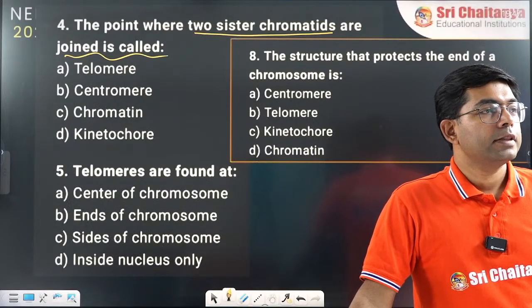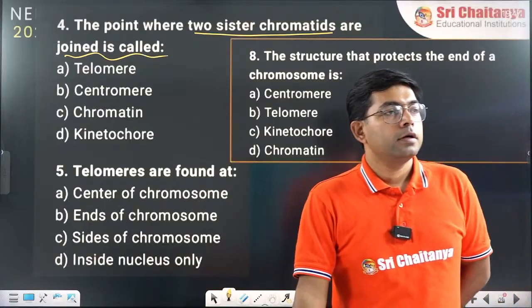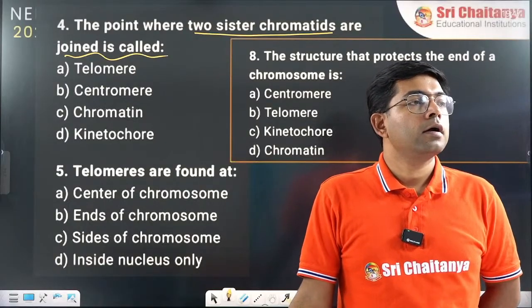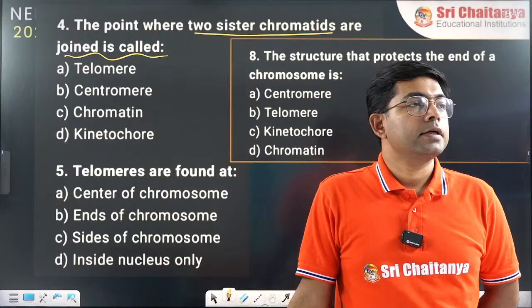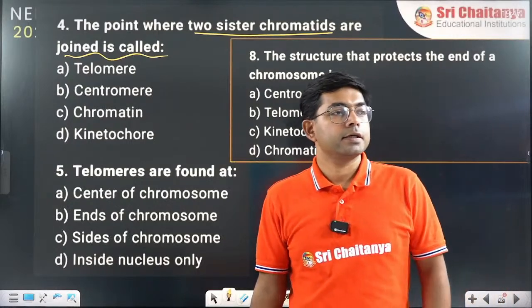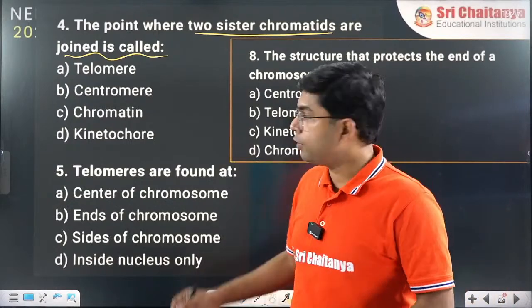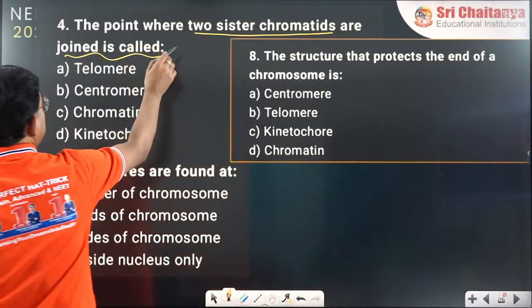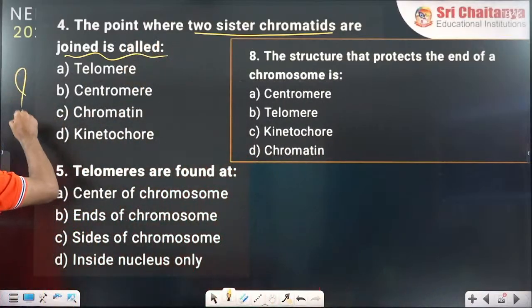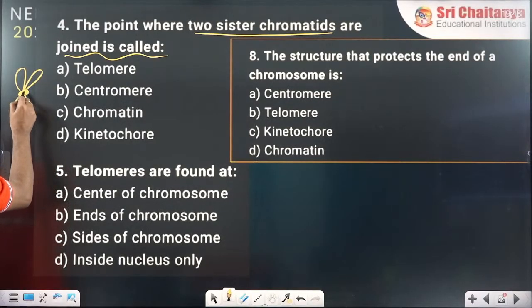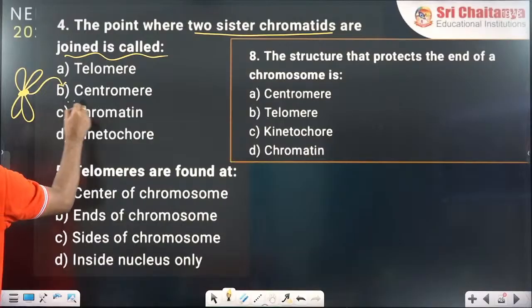Ritika, Tanish, very good. Pinky, correct. Srinivas, correct. Ganpati, correct. So the point where two sister chromatids meet, they meet at this point, and this point is called centromere.